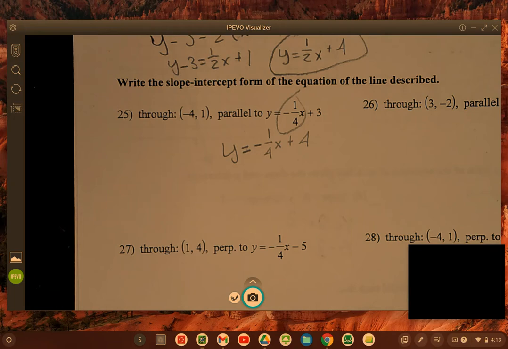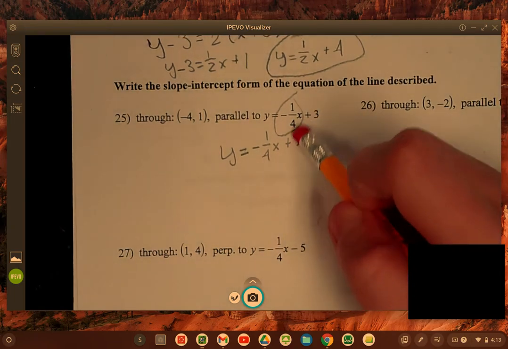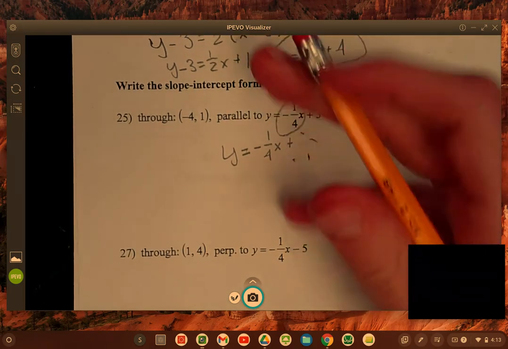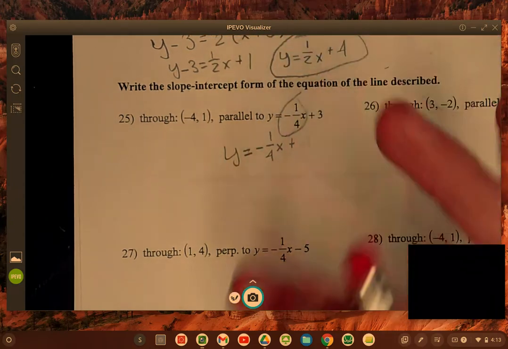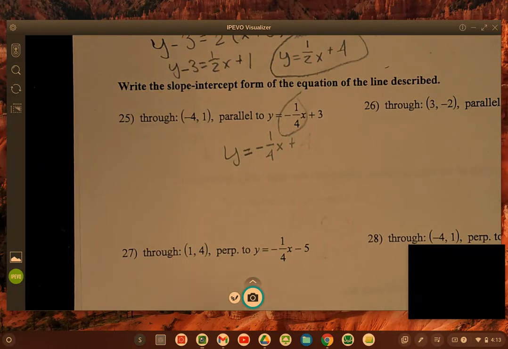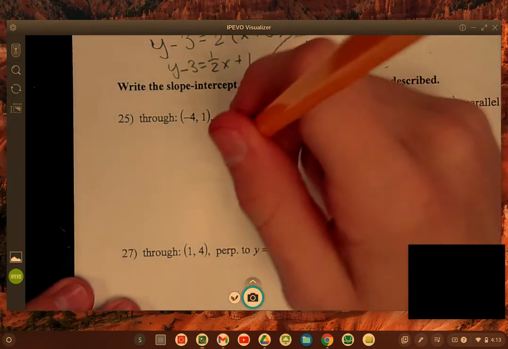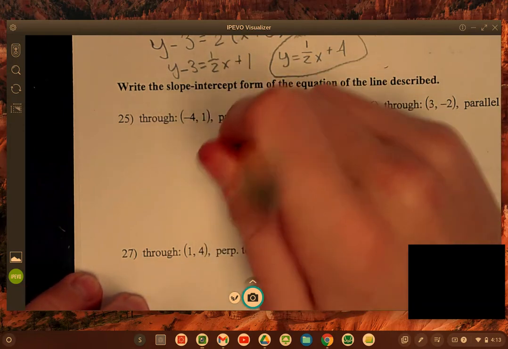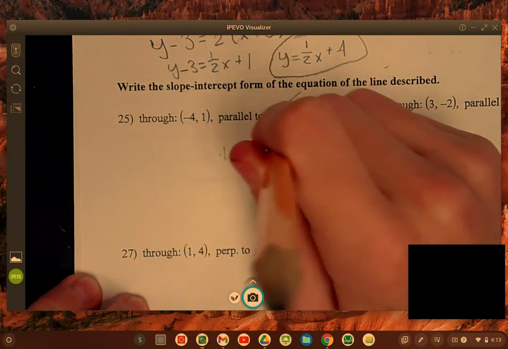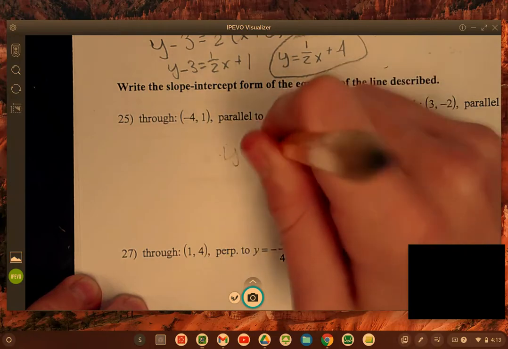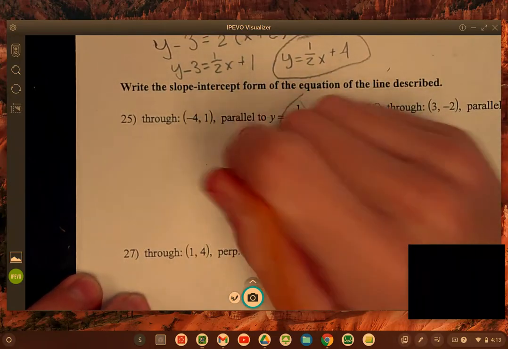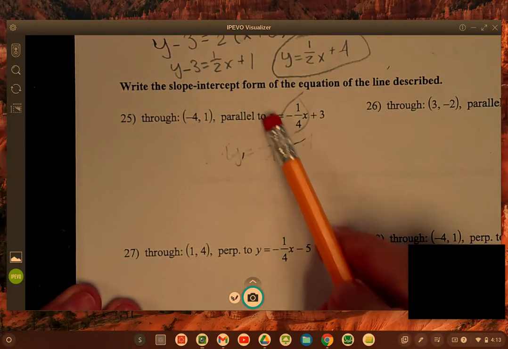So you can't. This is illegal. What you just did is illegal. In math, you just got arrested. Erase all of that. Because see here, you only know the slope and you know a point. You don't know the b.